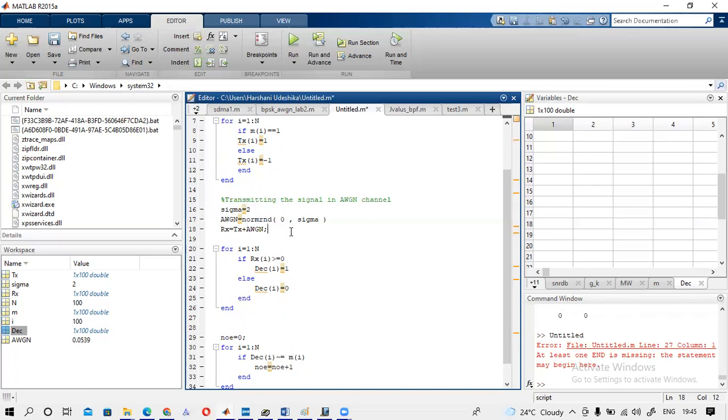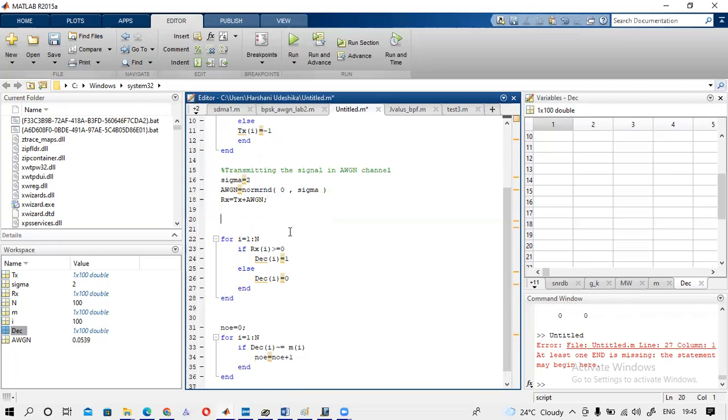After receiving, we have to decode. This is at the receiver. At the receiver, we received Rx, the received symbol.